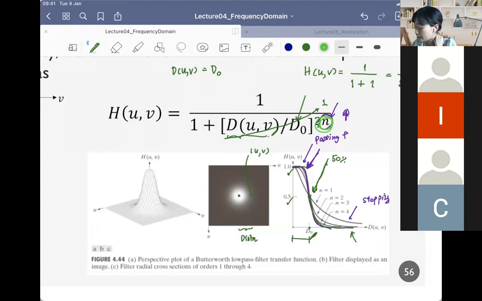You see that if n is small, the 2n component would be small as well. But if n is large, the divider would be large as well. So that's why the transition between passing frequency and stopping frequency is slower, moving from 1 to 0.